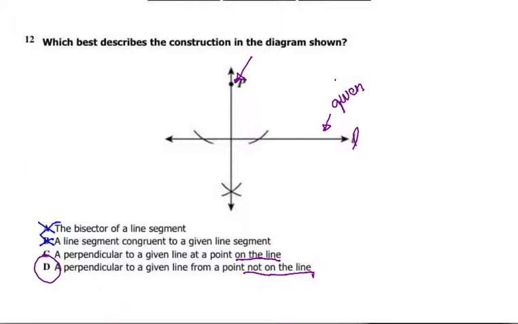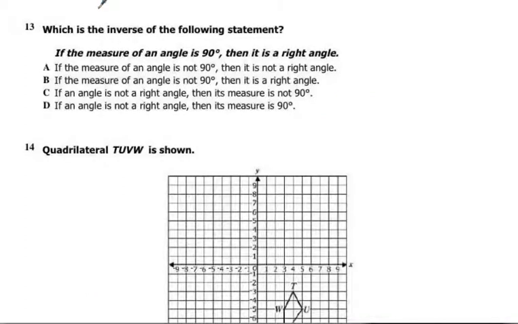All right, number 13. What is the inverse? Let's refresh our memory. Our conditional statement is what's given to us, and it's always in P then Q form.